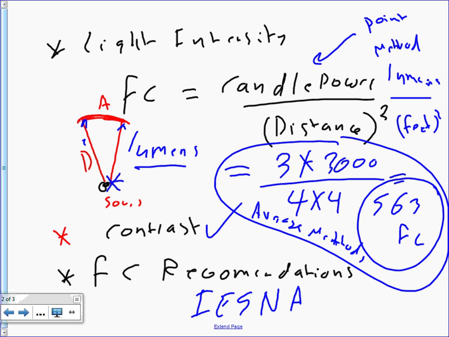Now, I'm sorry? Illumination? What do they use? I'm sorry, International Illumination Society of North America. What did they say? Illumination? I thought illuminated was with an I. Now you're confused, Chad.